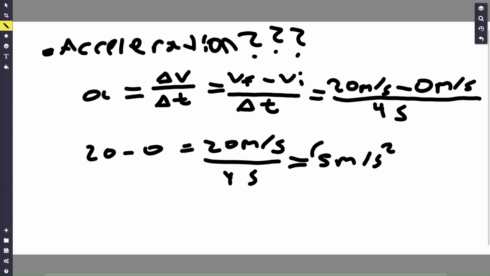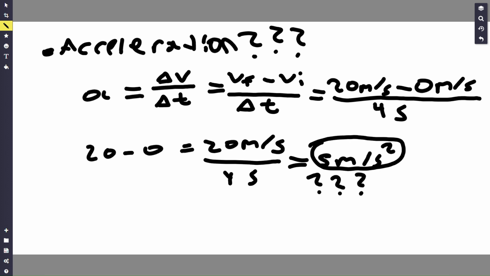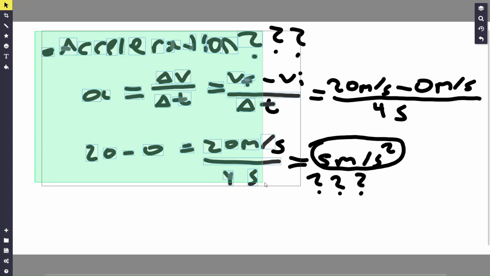But what exactly does 5 meters per second squared mean? Well, let me show you.